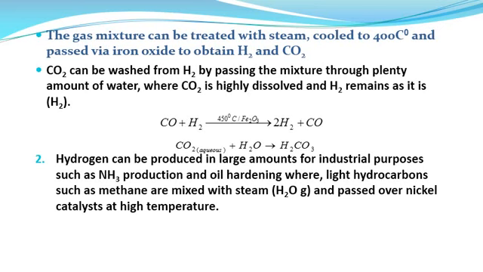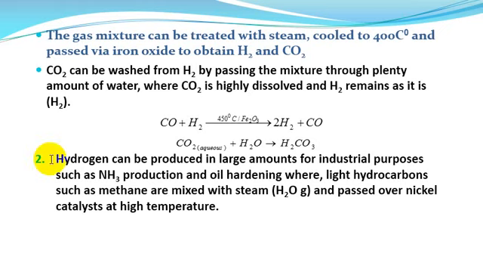Carbon dioxide is a soluble gas in water, so if we pass the mixture through a water body, carbon dioxide will be dissolved and the hydrogen will pass, since it is very insoluble, or sparingly soluble, in water.